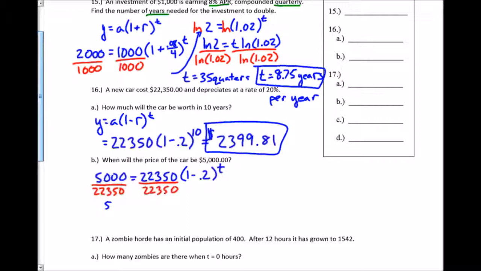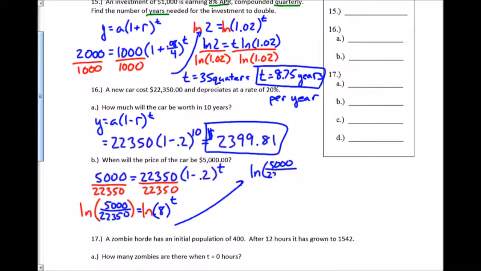Over here I have a 0.8 raised to the t. Now I take the natural log of each side. This is why I didn't bother reducing it. I'm just going to be punching that into a logarithm anyway. That allows me to bring the t out front, so I have the natural log of 5,000 over the 22,350 equals t times the natural log of 0.8, and now I divide by that logarithm.